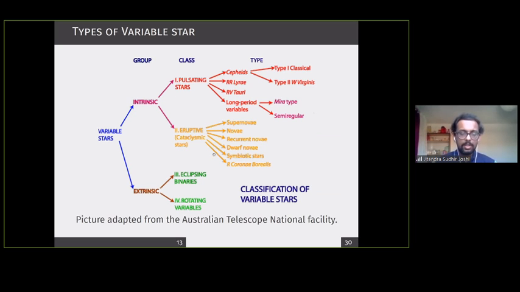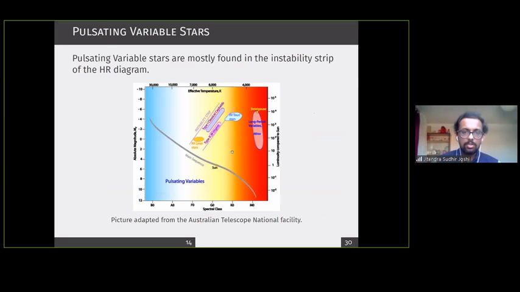Mostly we observe extrinsic variable stars which are eclipsing binaries. So I'll go into details about pulsating and eruptive variables, using the different processes I told you earlier, and we'll then go to eclipsing binaries. As I said, the pulsating variables are mostly in this part, the instability strip.